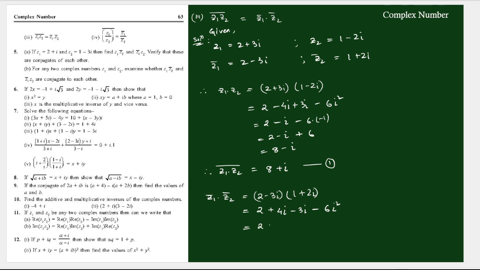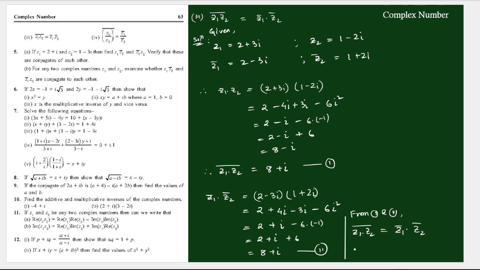So 2 plus i minus 6 into minus 1. So 2 plus i plus 6. So we get 8 plus i. So this is number 2. So same, we can write from 1 and 2, z1 into z2 bar equals z1 bar into z2 bar, hence verified.